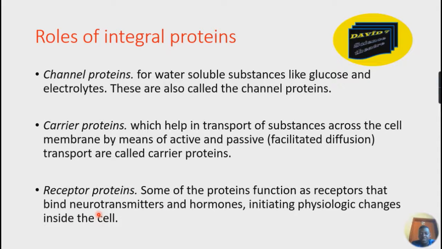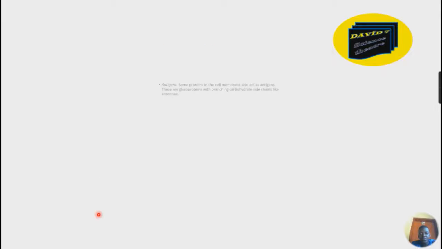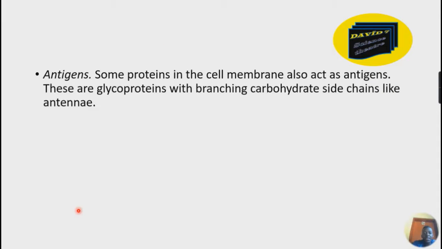All right, let's continue. And number 4, integral proteins might act as antigens. These antigens are proteins. Some proteins in the cell membrane will be antigens. They are glycoproteins with a branching carbohydrate side chain, like an antenna.